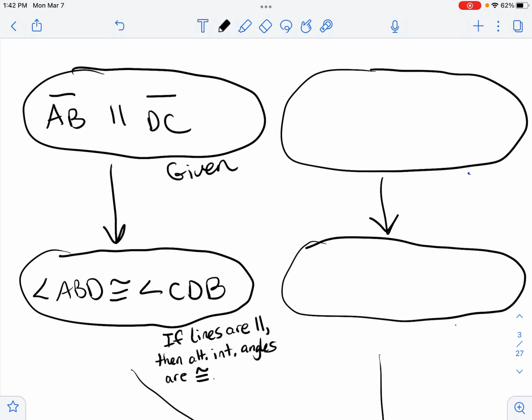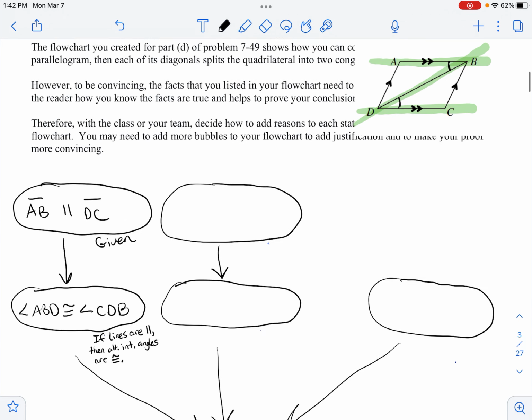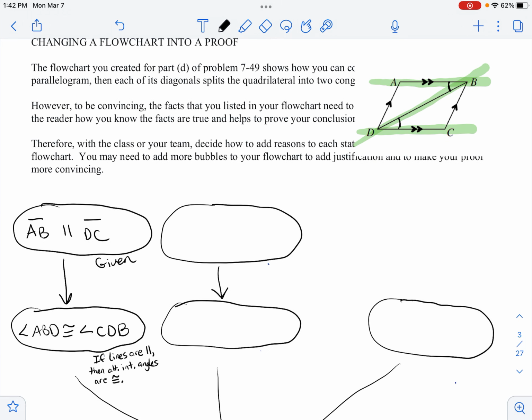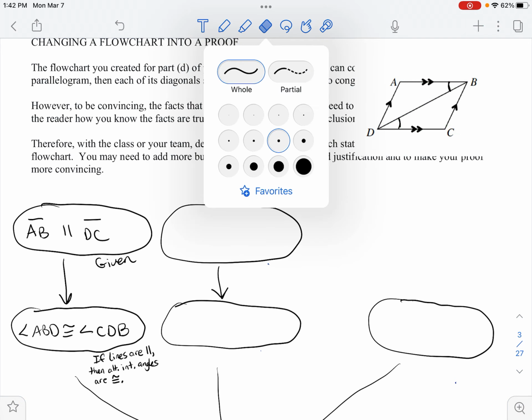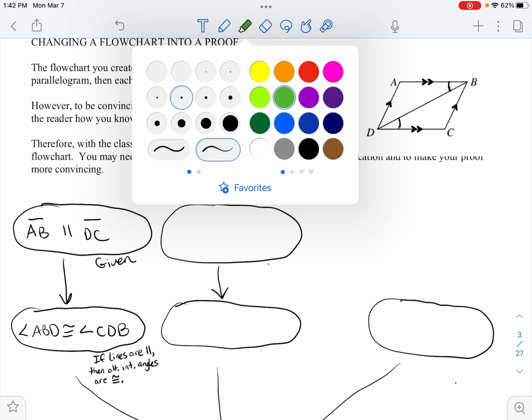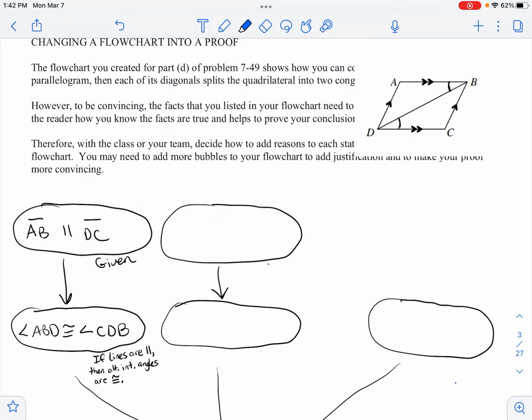And I'm going to use the symbol for congruent. Okay. Now let's go to our next given. I'm going to go ahead and erase those green lines. Another thing that we are given is that line AD is parallel to BC because we're given those arrows.